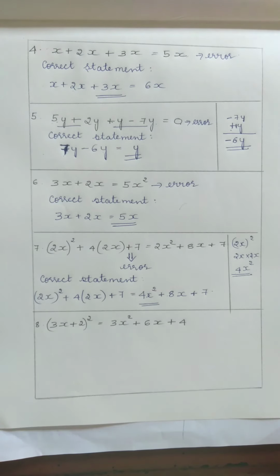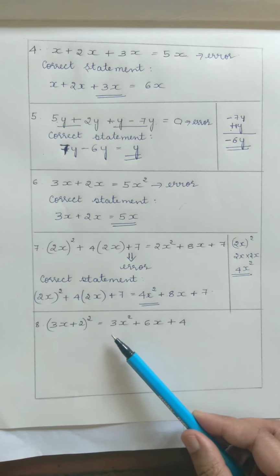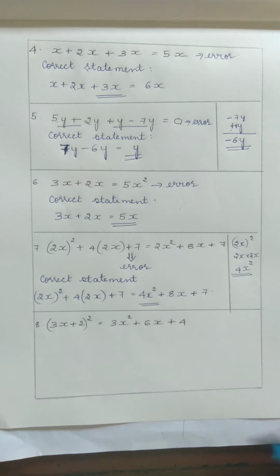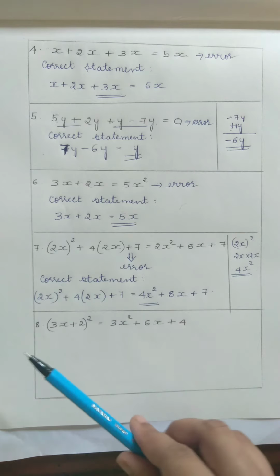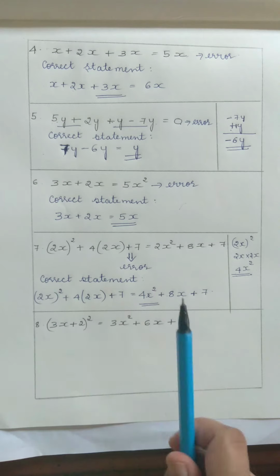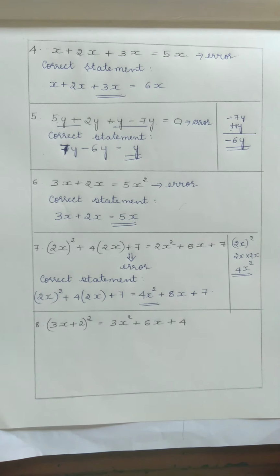Consider the 8th problem in which we have 3x plus 2 whole square is equal to 3x square plus 6x plus 4. Now let us check whether this is correct or having an error in the mathematical statement. So look into the LHS of the equation, children. LHS is the left hand side of the equation, that is 3x plus 2 whole square. Now in the previous videos we have studied some of the identities that can be used to perform the factorization.